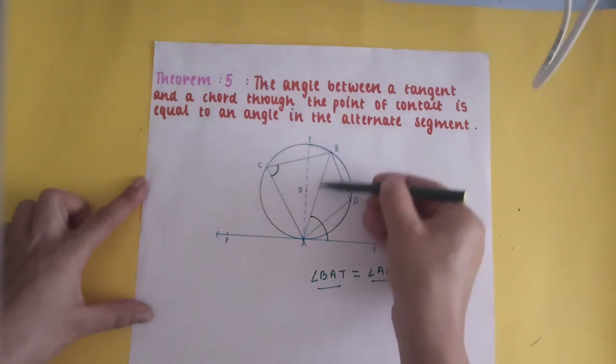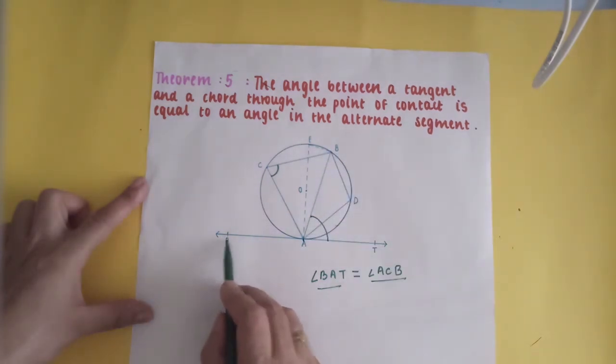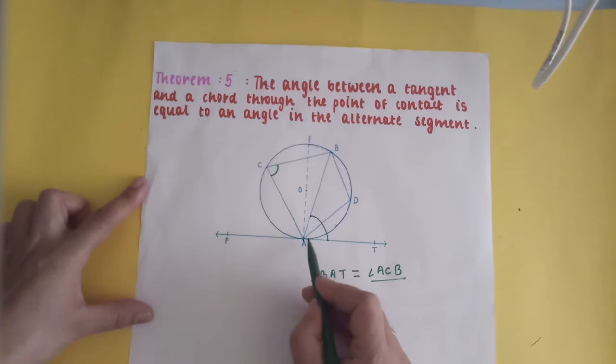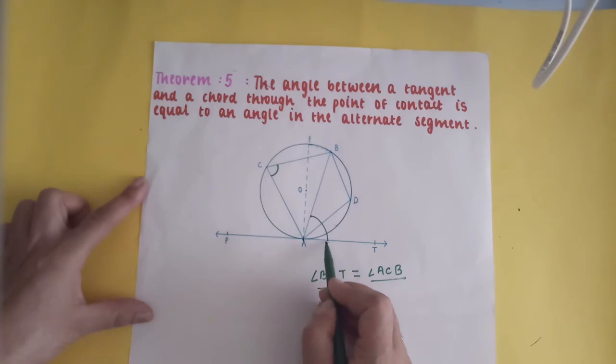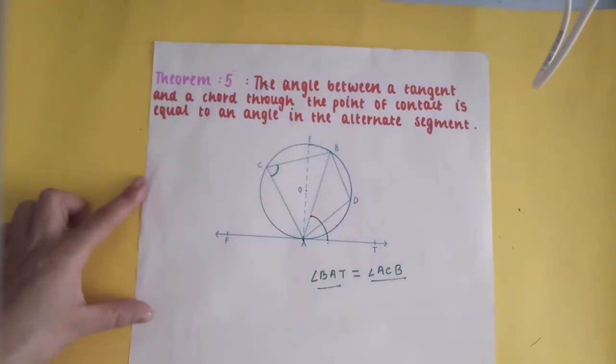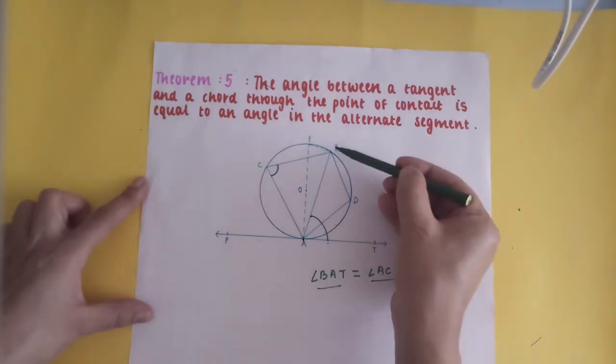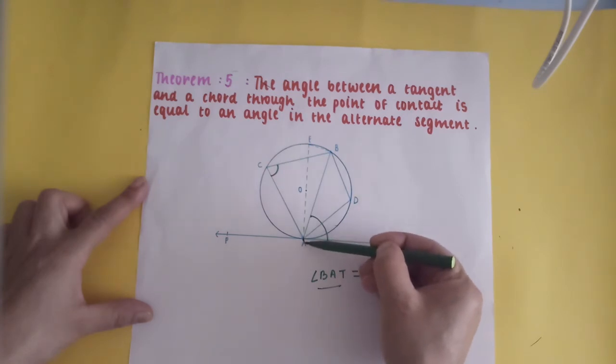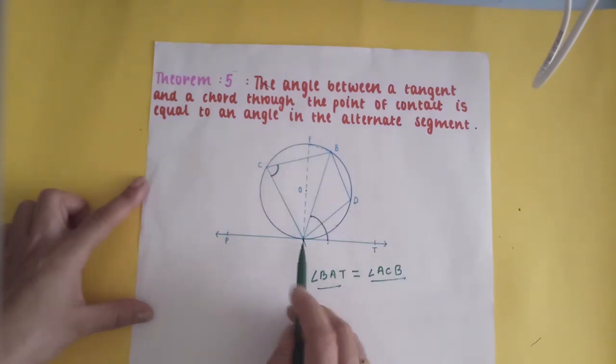So when is this situation possible? If the chord and the tangent meet at the point of contact, the angle made by the chord and the tangent at that time is equal to the angle in the alternate segment, right? Let's take another situation now. Let's take chord AB and tangent PA.